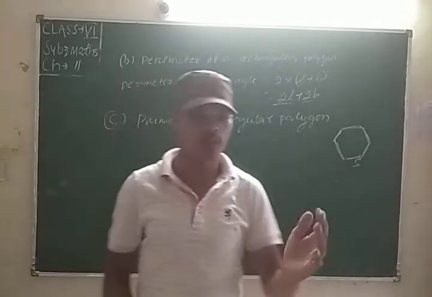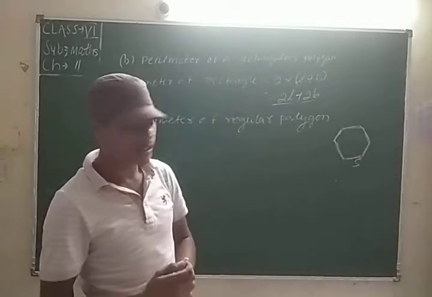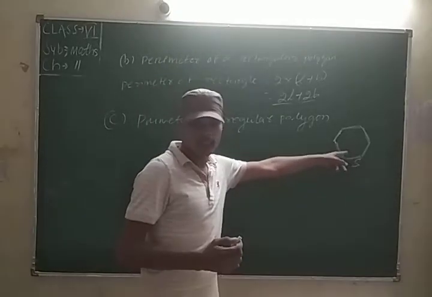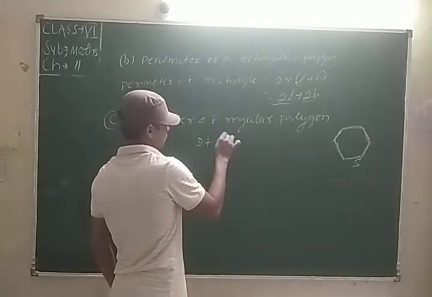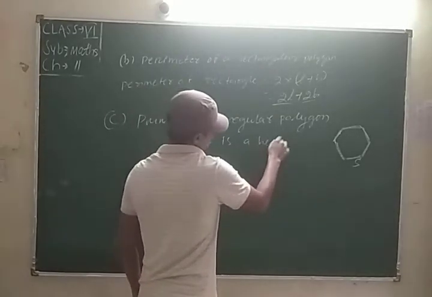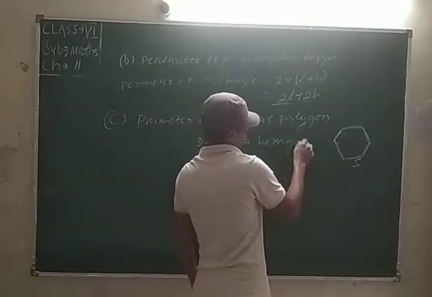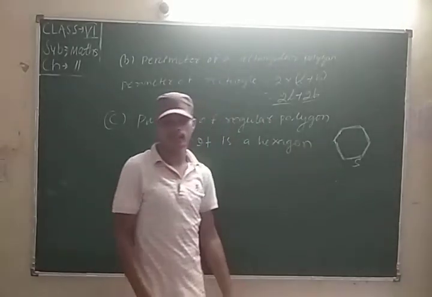Then how do we find it for this polygon? It is a hexagon, and a hexagon has 6 sides.